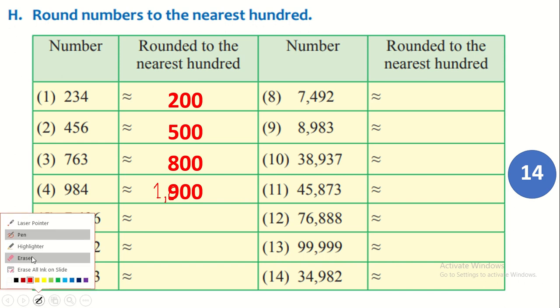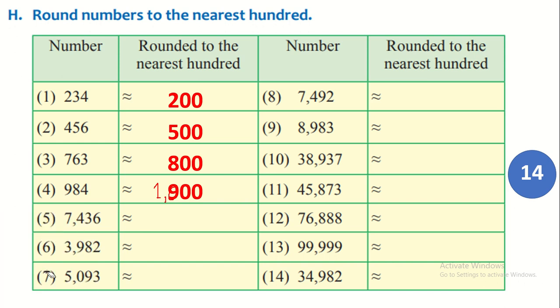Okay, number 5. Number 5 is 7436. The nearest hundred is 7400. Students, 7400. Number 6. Number 6 is 3982.